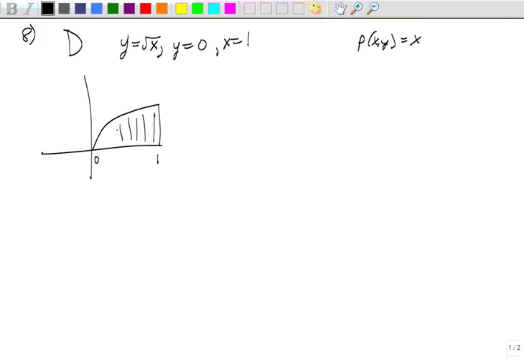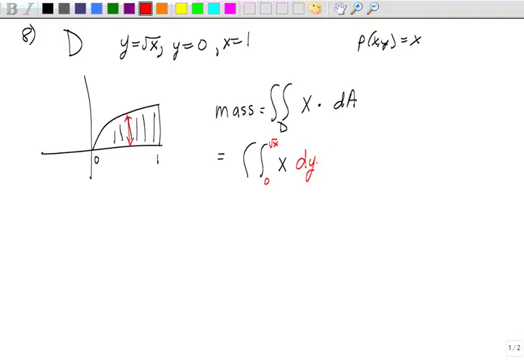That's what the plate looks like. The mass is the integral over that plate of the density times dA. So if I go this way, I'm going to go from 0 to the square root of x dy, and then cutting up the x-axis, I'm going to go from 0 to 1 dx.